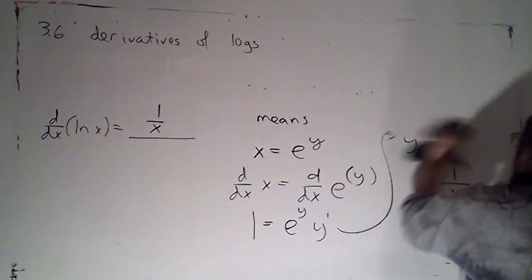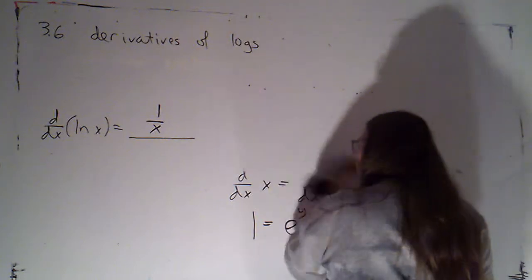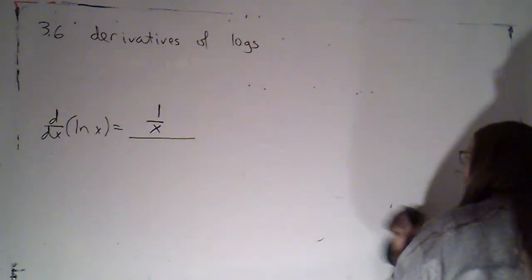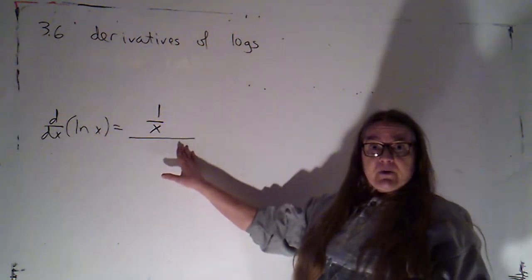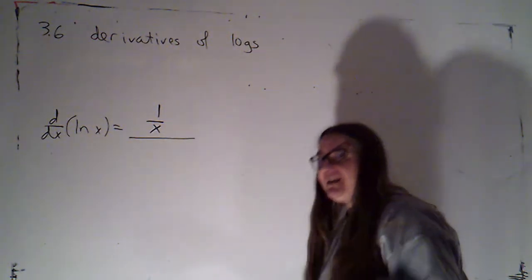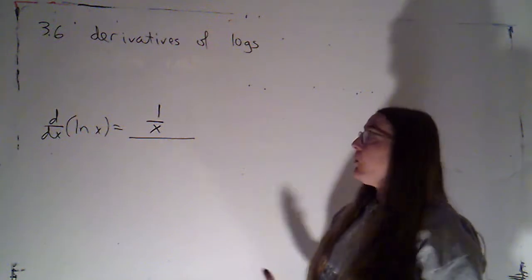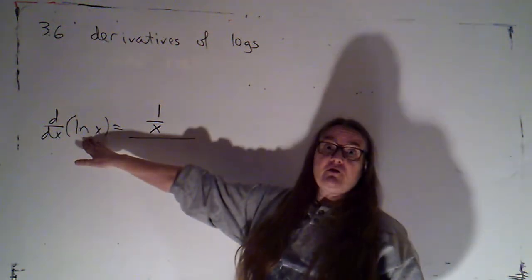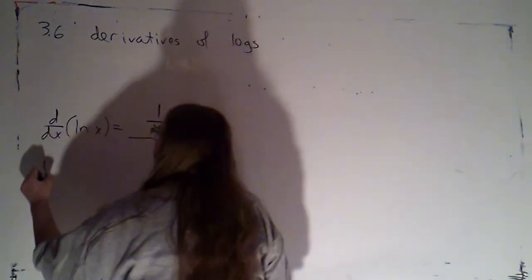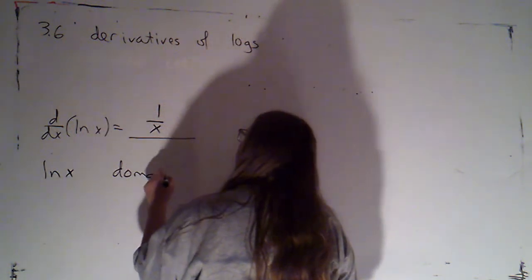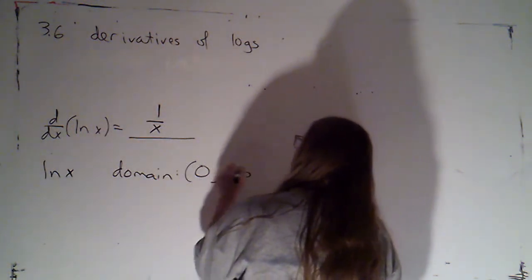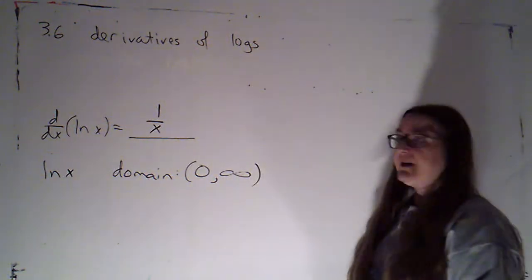Now, one thing I should mention here. It is understood when we're taking the derivative that the domain of the derivative has to be some subset, possibly the whole thing, of the domain of the original function. For the natural log of x, the domain is only positive numbers from 0 to infinity.